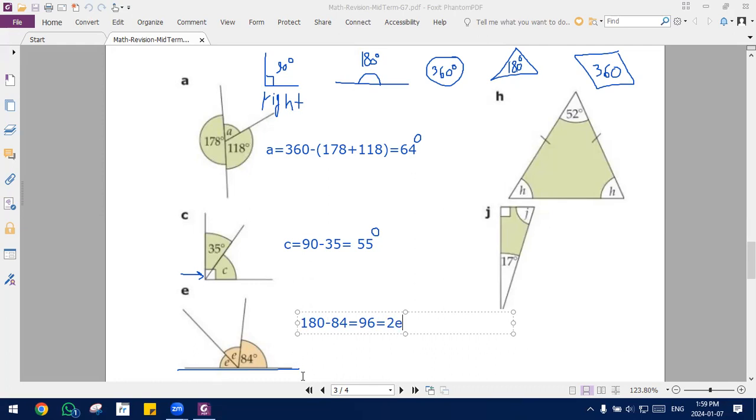I have two angles, their name is E. So they are equal, E and E, 2E. Now, I need to find one of them, not two of them. So what do I have to do? We have to divide by 2. So, we say that E is equal to 96 divided by 2, which is equal to 48 degrees.